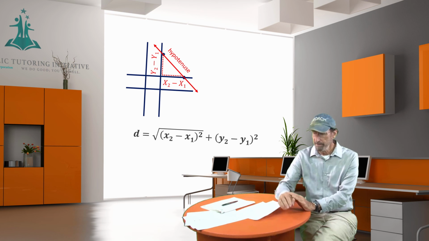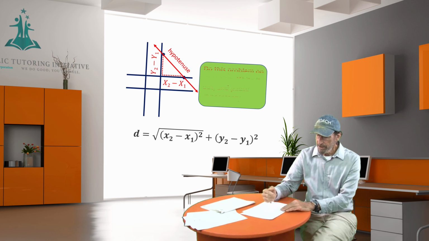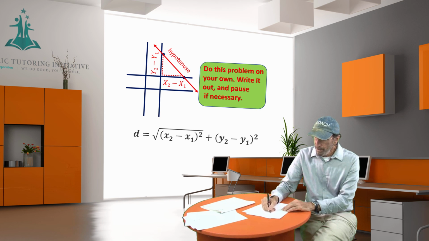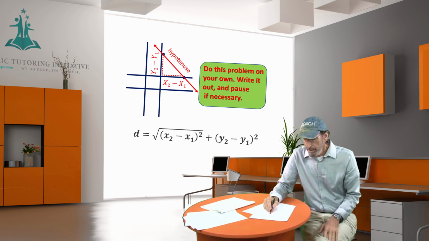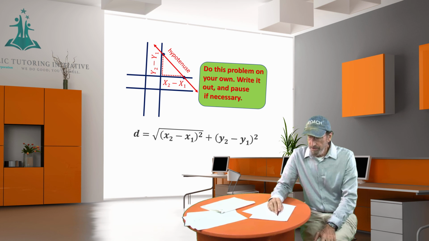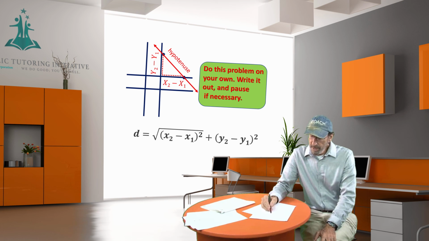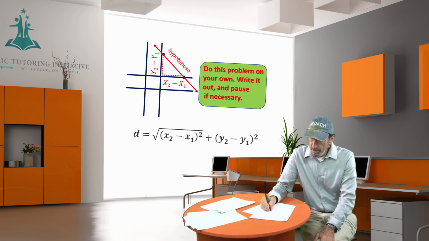Let's try it. Let's try the points 3, 2 and 6, 5. The difference in the x direction is 3. The difference in the y direction is also 3. So those are the sides, the legs of a right triangle.